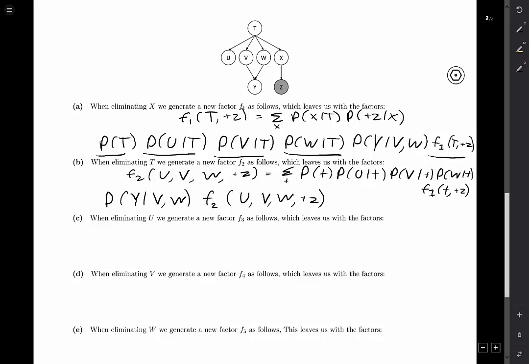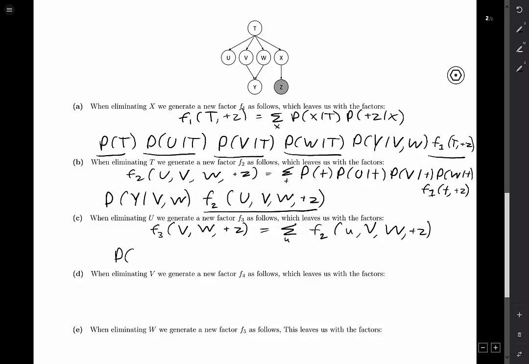Now we eliminate u. So what factors involve u? Well, it's actually only this one. So we get f3. It's a function of v comma w comma plus z equals the sum over u of, this one's fairly easy since there's only one factor, f2 of u comma v comma w comma plus z.